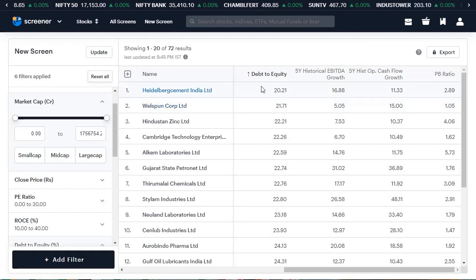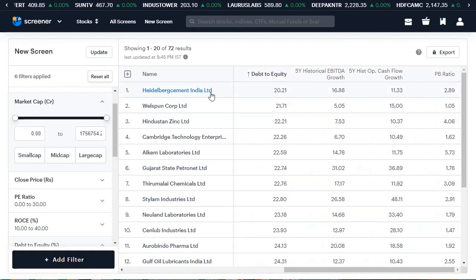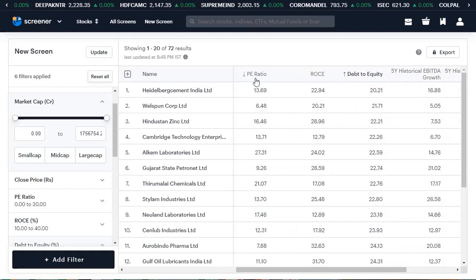So for the sake of this, we have taken 20 as the minimum value. Now if we sort in ascending order, we see the first company that pops out on the list is Heidelberg Cement Limited. Now we will see all of the ratios of this company to see if the company fits into our investment goals or not. If we start from the first value, the ratio is the PE ratio.